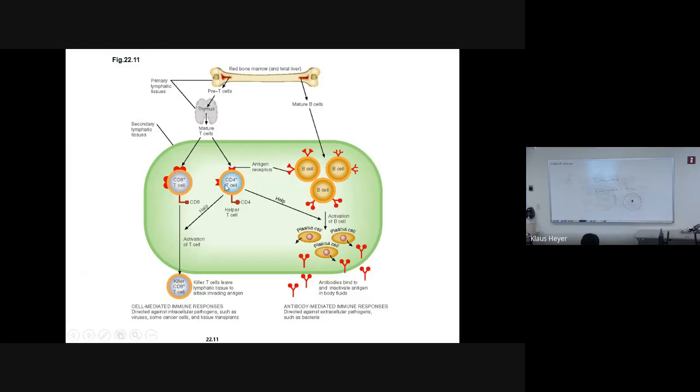And then the T4 cell will tell them, "Yes, you can start cloning." That's when they start to clone. So you need two types of stimulation. The first stimulation comes from the antigen presenting cell. The second stimulation comes from the T4 cell.